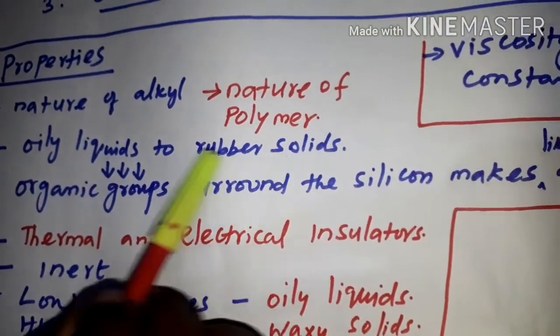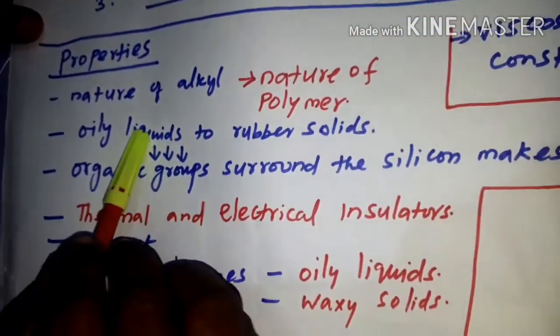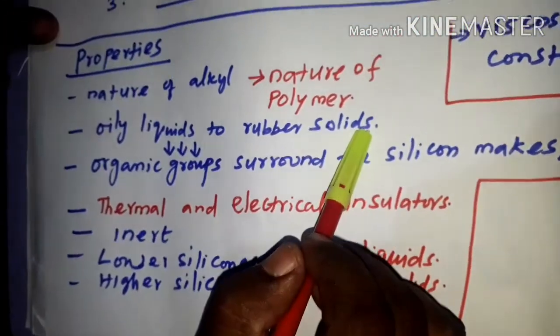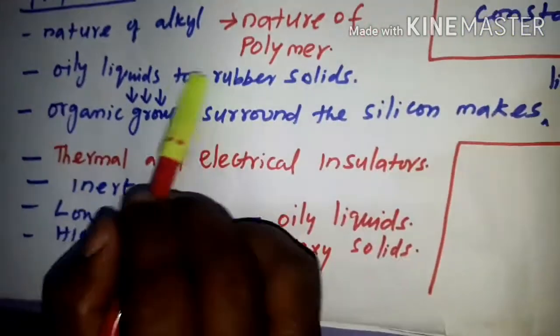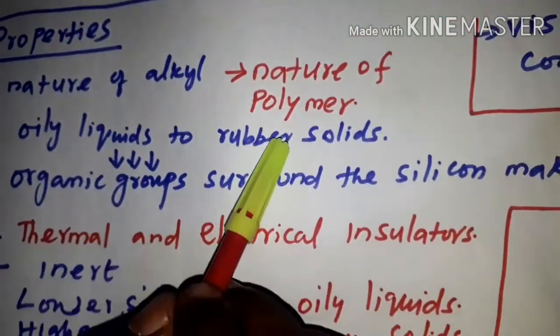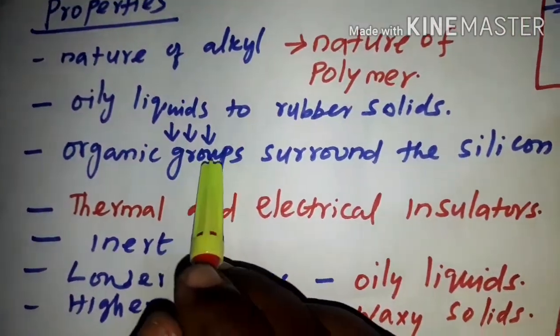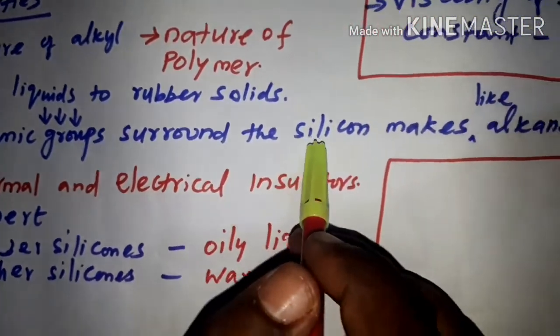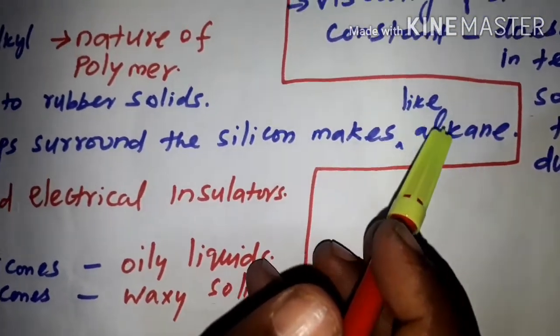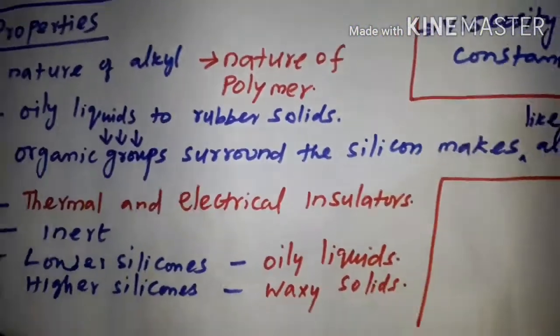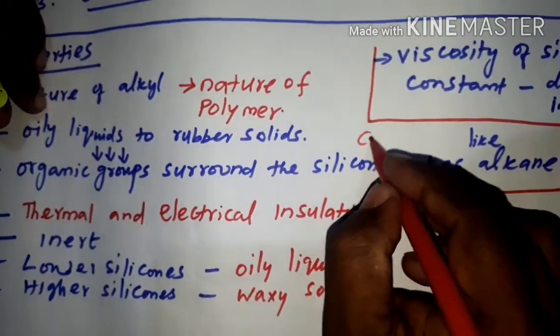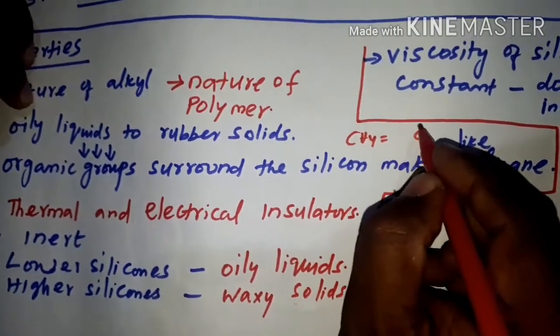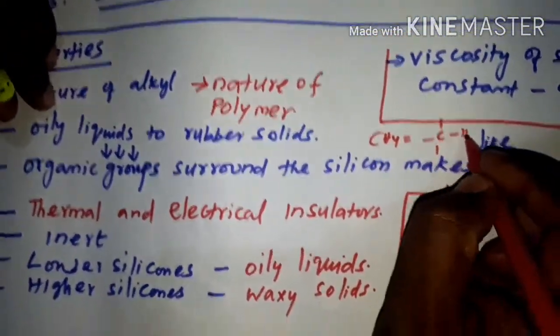So it exists in both states, liquid state, also rubber state. This range from liquids to solids is determined by the organic groups surrounding the silicon, like alkane. So alkane, for example, is methane, CH4. So one carbon surrounded by 4 hydrogen atoms.